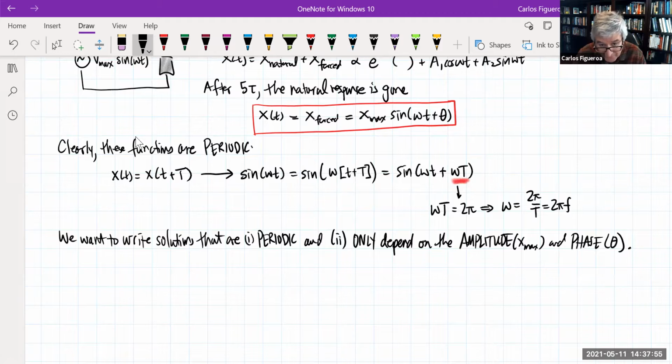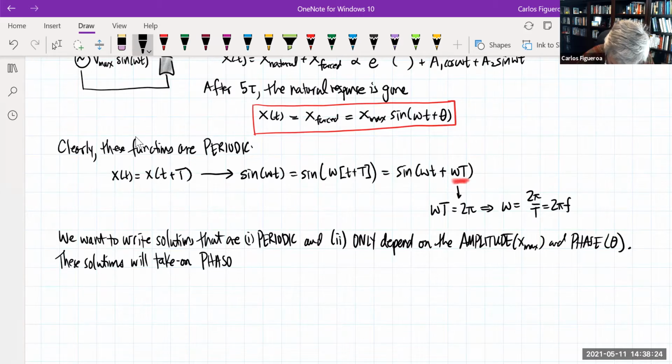So we know that it's got to be some function of sine. And then 2, when we look at the solution, there are 2 terms. There's the amplitude, and then there's the phase angle, which is arbitrary. And what you're going to see here is that these solutions will take on phasor form.